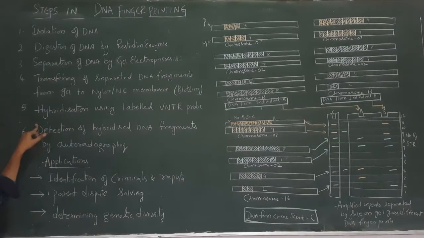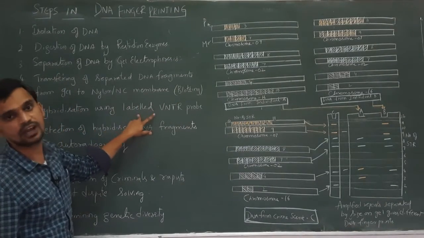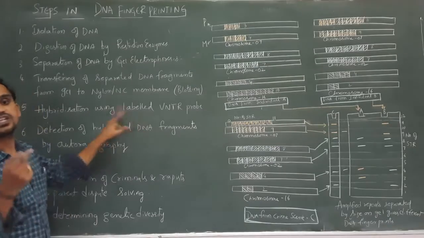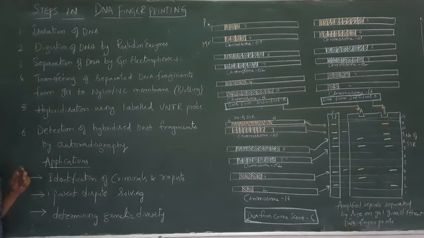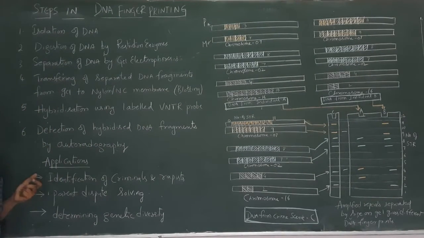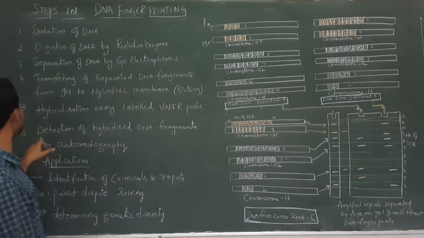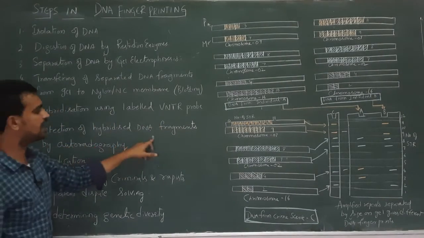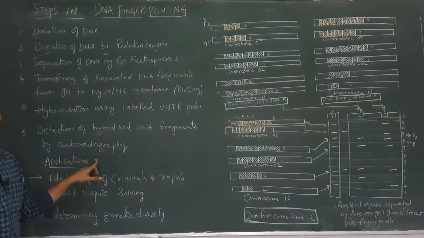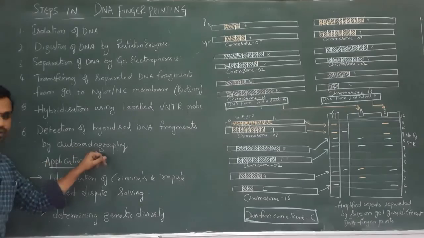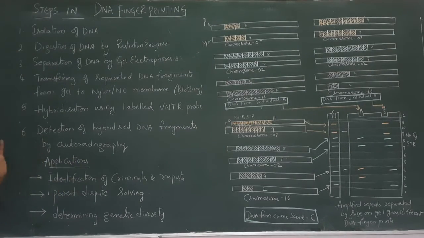Next, hybridization using labeled VNTR probes. A probe is nothing but a short stretch of nucleotides with known base pairs. Next, detection of hybridized DNA fragments by autoradiography. So, these are the steps involved in DNA fingerprinting.